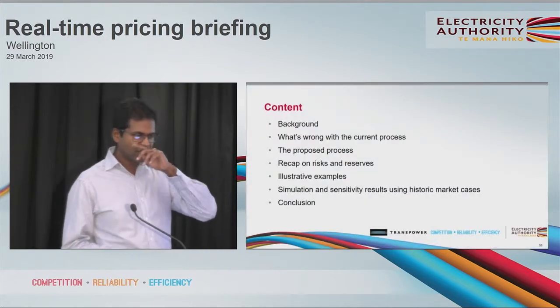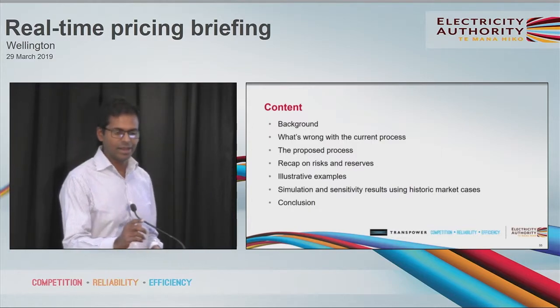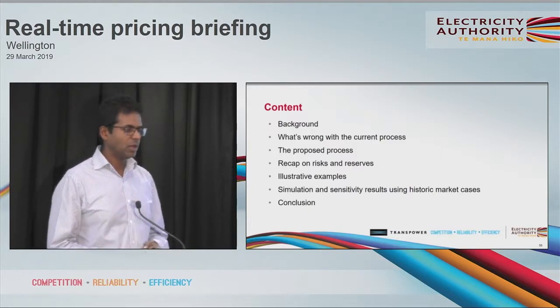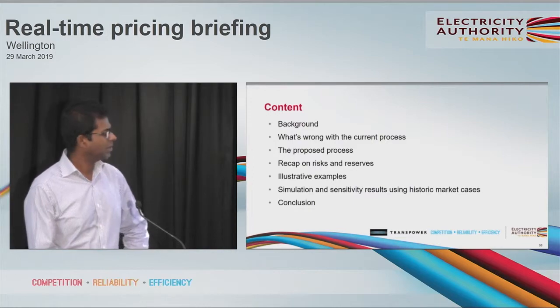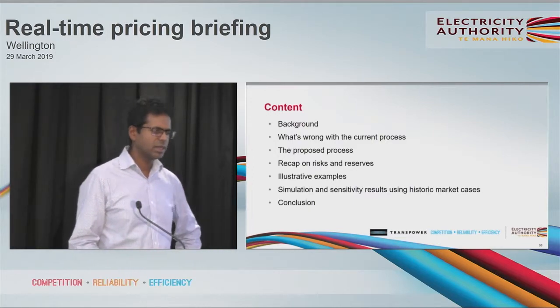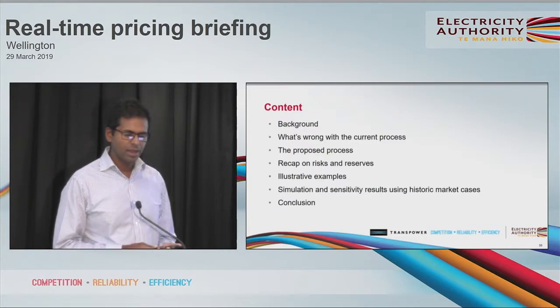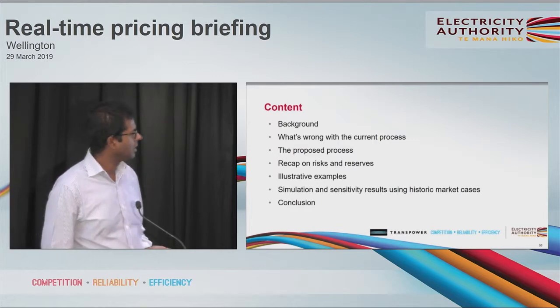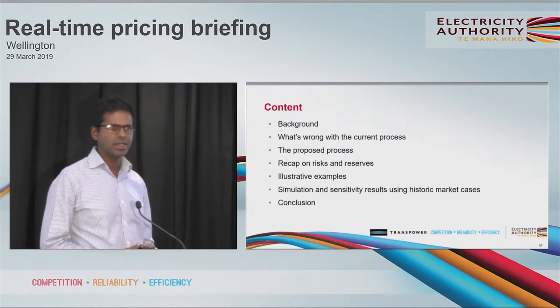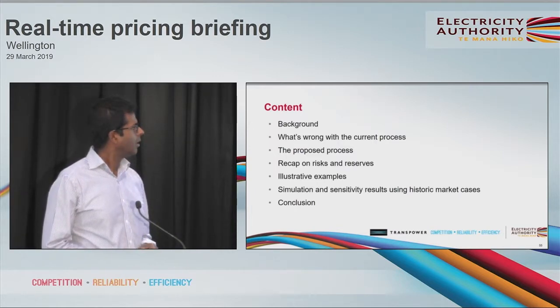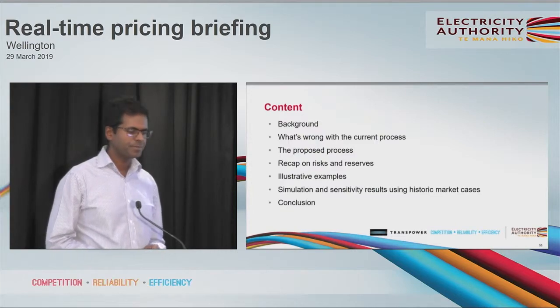Okay, just a little bit about how we go through some of the background stuff, maybe a bit of repetition with what Justin was doing, but I think it's necessary to reinforce some of the terminology we'll be using. What's wrong currently, some of the issues with the pricing, and also what's being proposed.